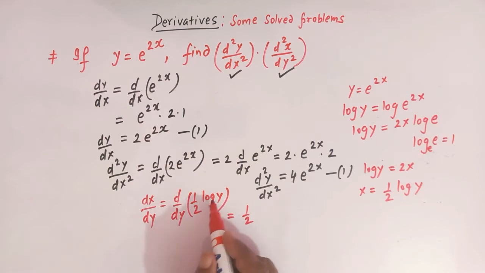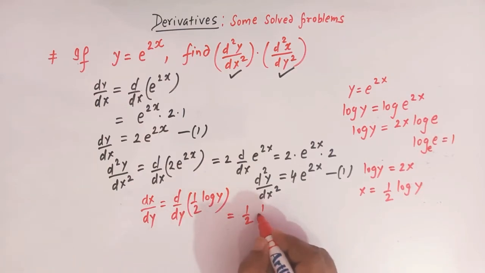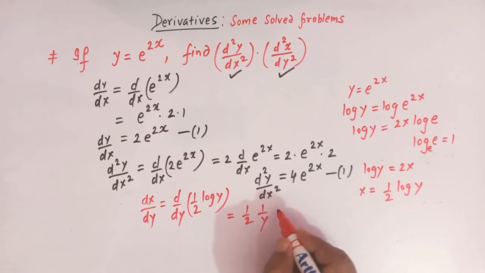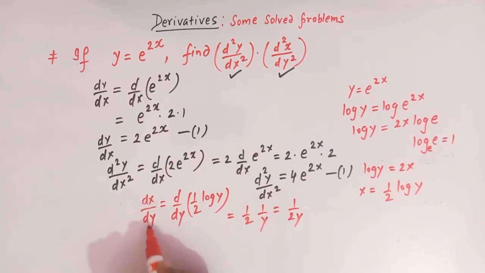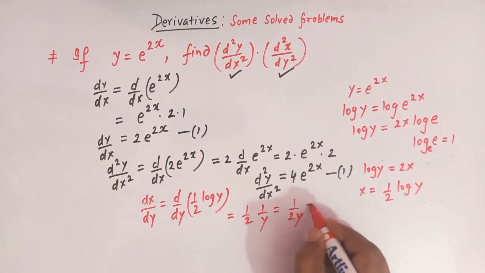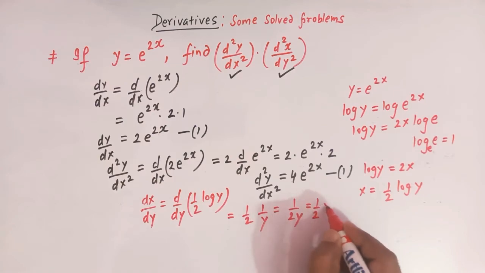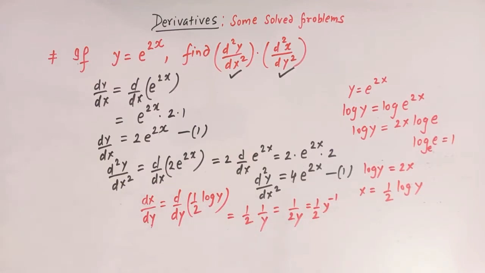We have half and the derivative of log y is 1 over y, so we have 1 over 2y. So dx over dy is equal to 1 over 2y, which can also be written as half y raised to minus 1, right?